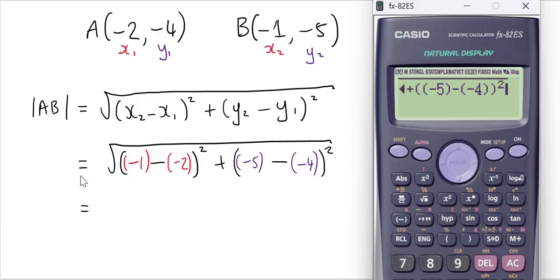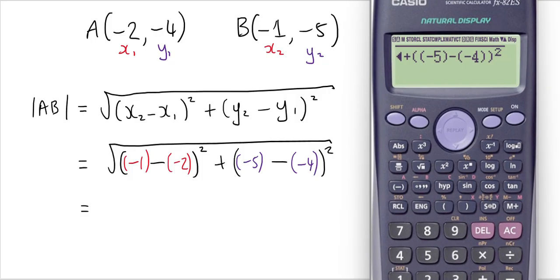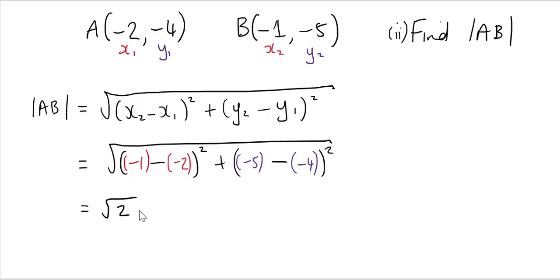I just followed along from left to right there. Now I'm going to press equals, and I get root 2 as my answer. If you did not get root 2, you did not do that correctly. I'll come back to that in a moment.